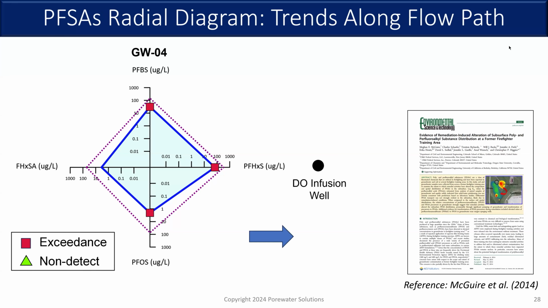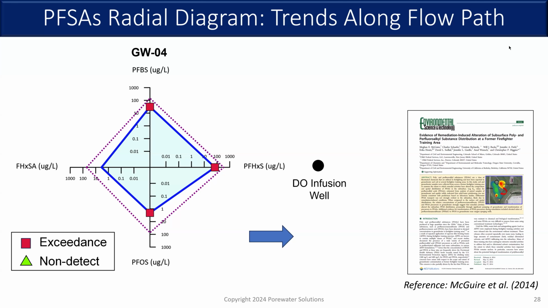So at this particular site, before they really knew that PFAS were there, they had implemented a remedy for hydrocarbons, which involved infusion of dissolved oxygen through injection wells into the aquifer. The reason for that was they wanted to degrade the hydrocarbons through aerobic biodegradation. But remember how I mentioned before, precursors that can degrade to PFAS of concern, like PFHxS, tend to degrade more often than not aerobically.